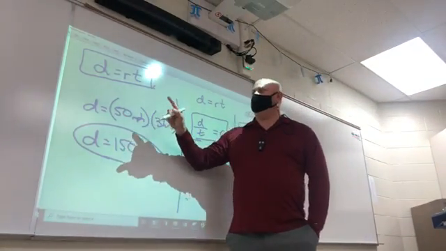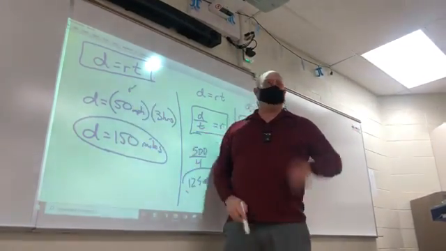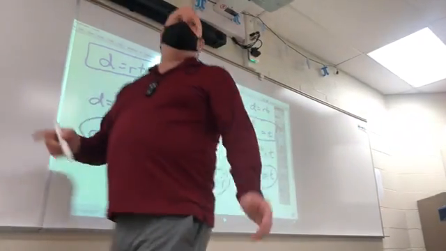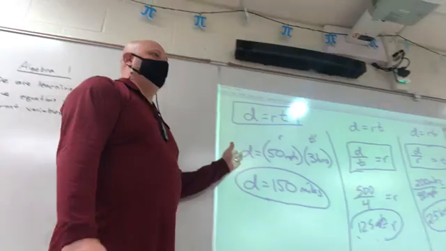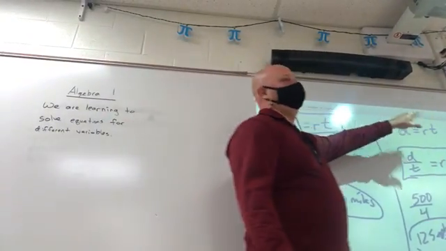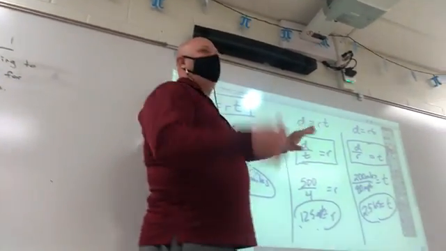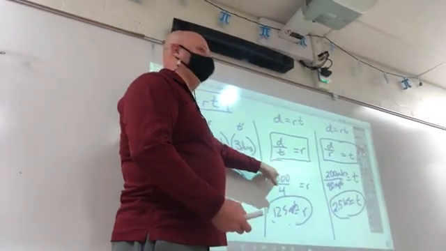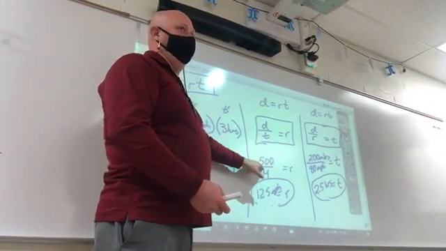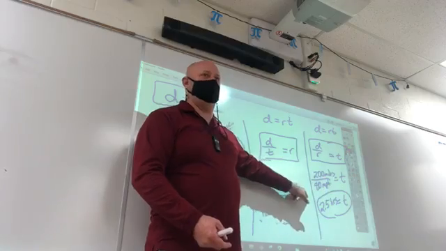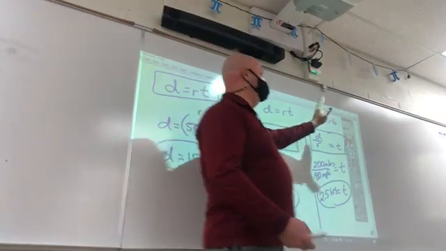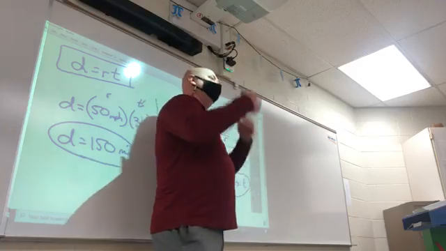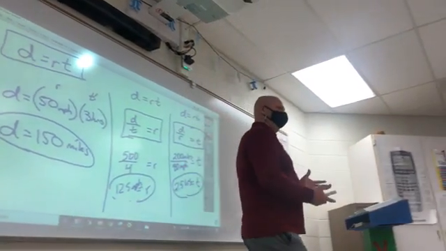Well, sometimes we have a rate and we have a time and we want to be able to solve for the distance. But sometimes we want to use that same formula in a different way. Sometimes we have the distance and the time and I want to solve for the rate. Sometimes I have the distance and the rate and I want to solve for the time. Like, does that kind of make sense?